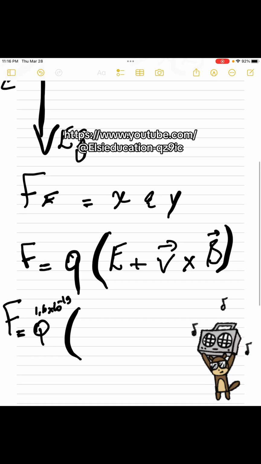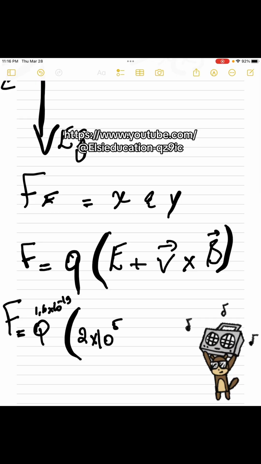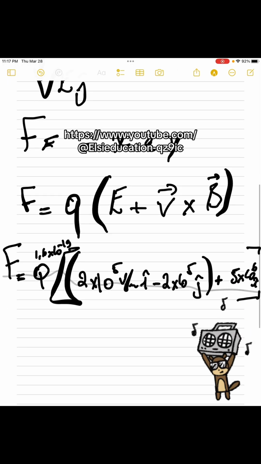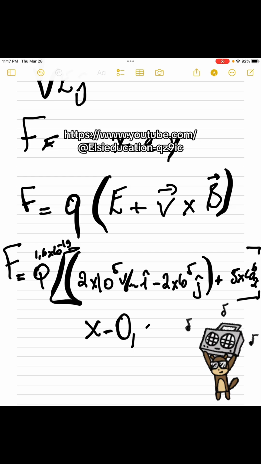The electric field that we have, there is 2 times 10^5 volt per meter, and that's on the X direction, on the E direction, minus 2 times 10^5 on the minus Y direction, plus the speed, and that's 5 times 10^6 on the E direction, times minus 0.1 on the Z direction, Tesla.